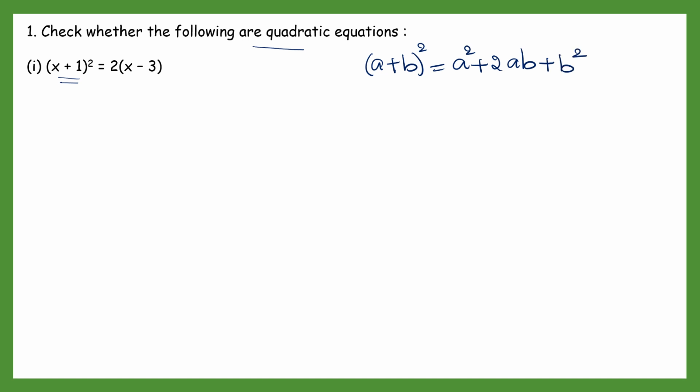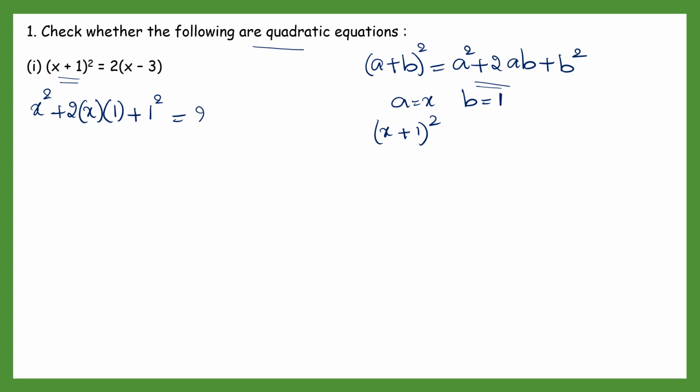So here in this question, a is equal to x, b is equal to 1. Let's see, a square plus 2ab plus b square. A square means x square, plus 2ab means 2 into x into 1, plus b square means 1 square, is equal to 2 into x is 2x, plus into minus is minus, 2 into 3 is 6.